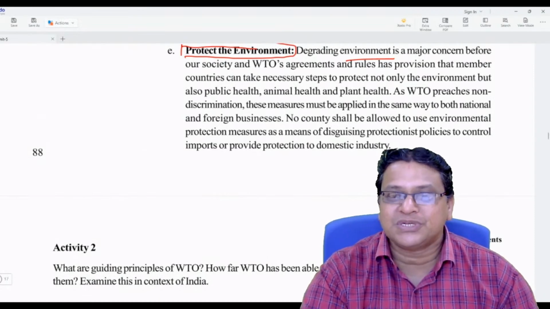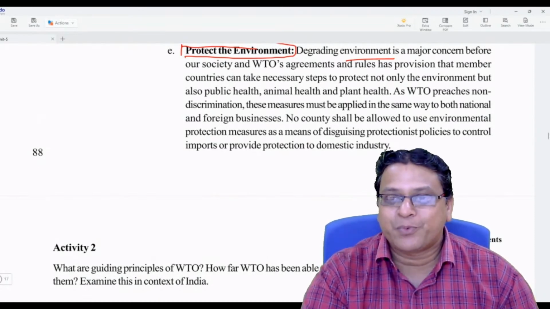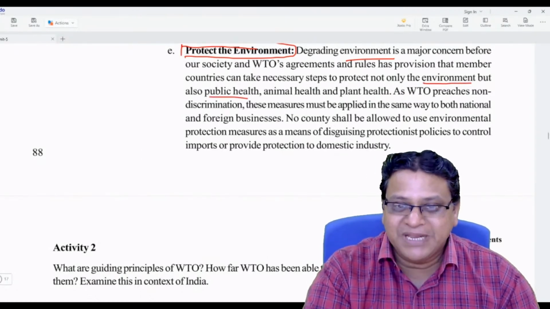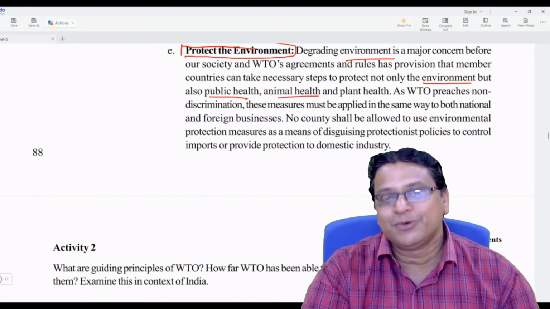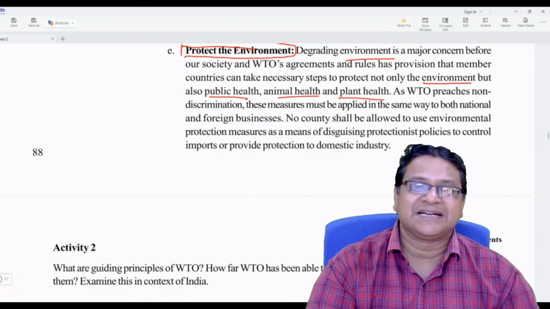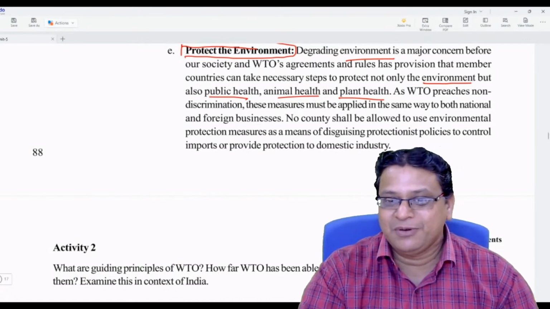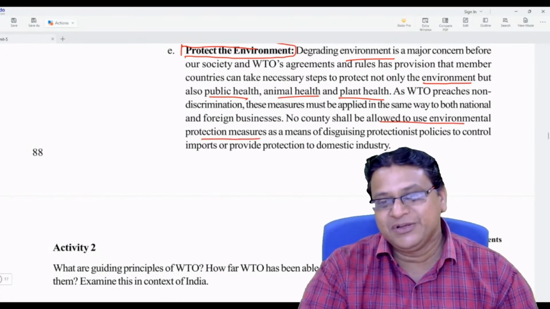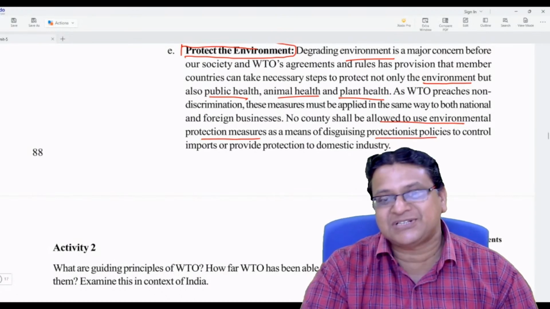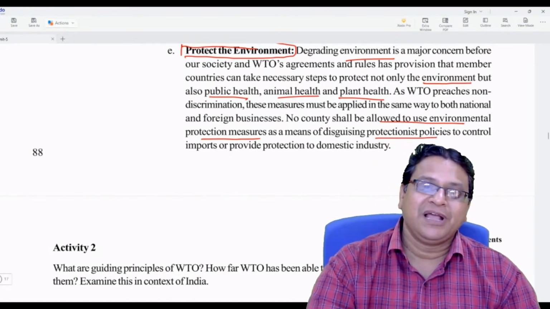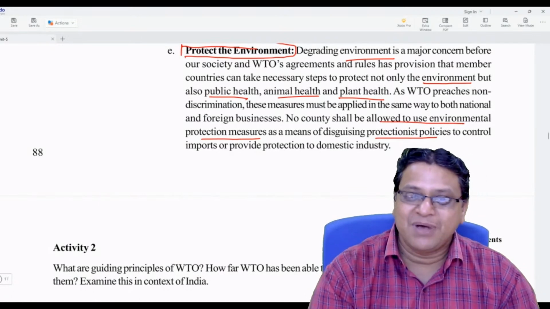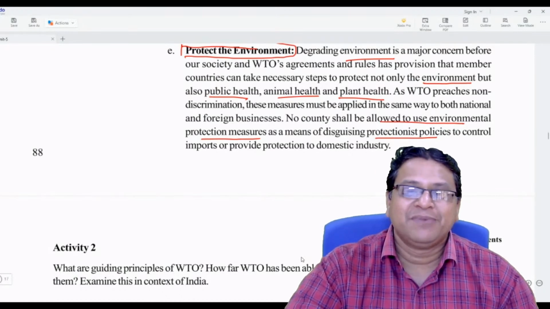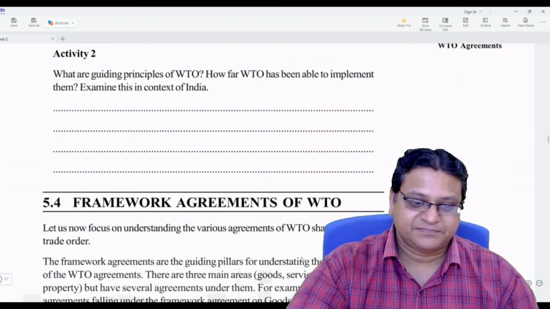WTO rules are framed in such a way that they will protect not only the biological environment but also public health, animal health, plant health, etc. No country will be allowed to use environmental protection measures for protectionist policies, but the environmental issues are there, and environmental protection measures can be taken by member countries if environmental issues arise.